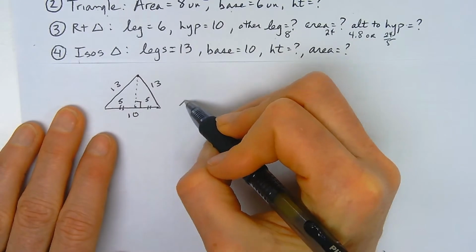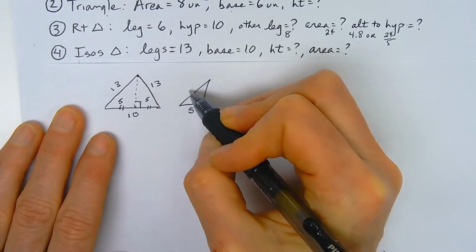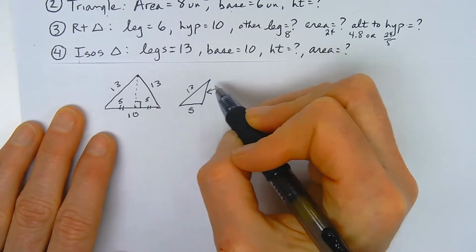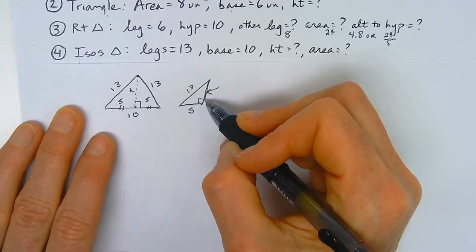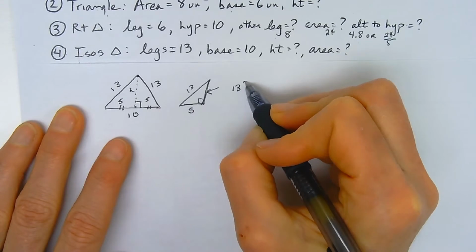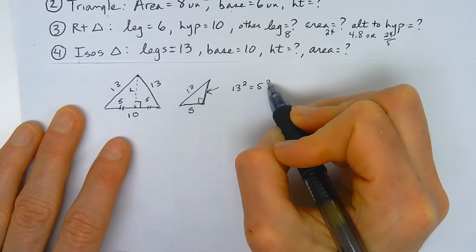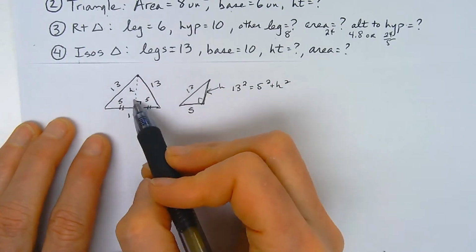If I take out half of this isosceles triangle, this is 5, this is 13, I can find this height by using the Pythagorean theorem. 13 squared equals 5 squared plus h squared. Looking for h here. It's a right triangle.